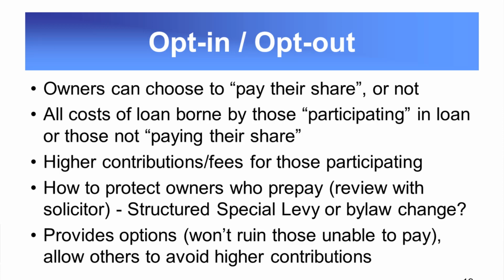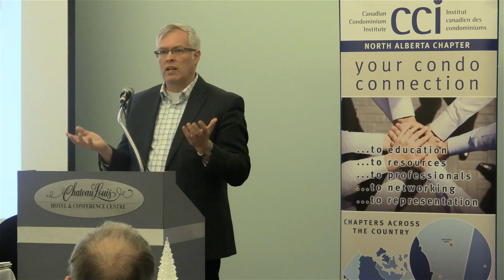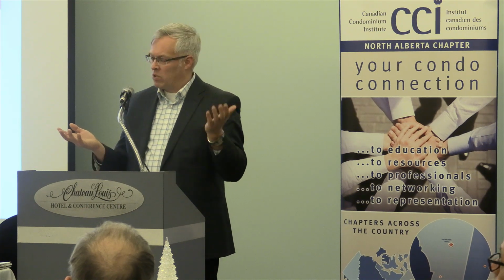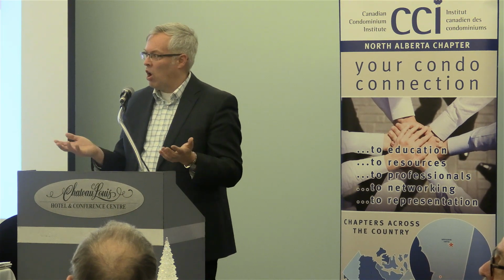So the opt-in, opt-out, it does provide options. And the main option is you got people that don't want the loan. But if they succeed in their personal desire not to have a loan, what does that do to the people that need the loan? We've already reviewed that. You've ruined them, right? And so sometimes when you got loans that are on the cusp of getting approved, and I was in a room once with another person here, and it was a vote to approve a loan or not.